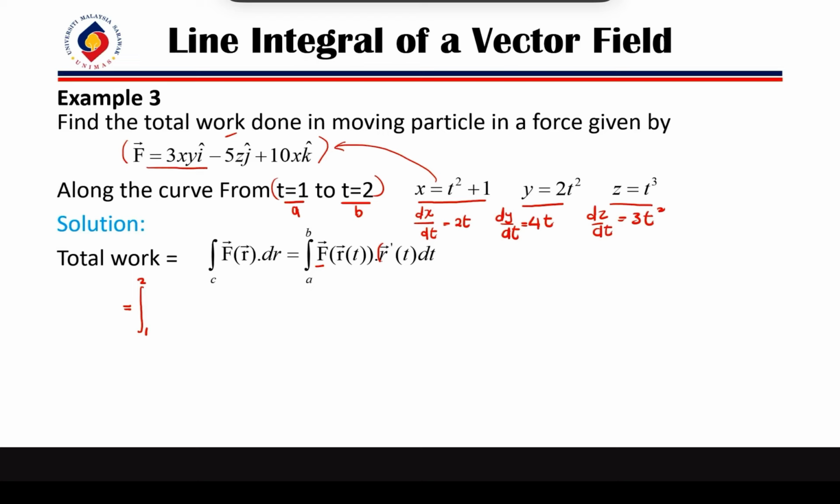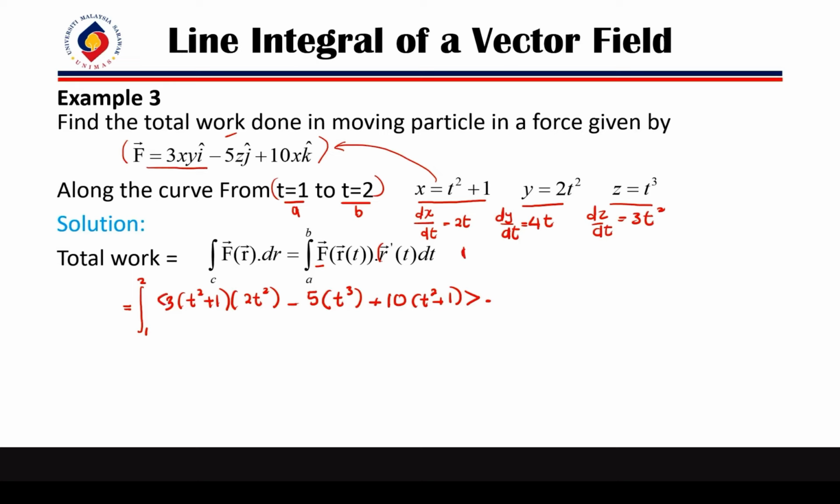Alright, so we have to plug in inside here. So F here is equal to 3x, where x is t squared plus 1; 3x, y is 2t squared minus 5; z here is t cubed, minus... plus 10x, where x is t squared plus 1. This is dotted with r prime.